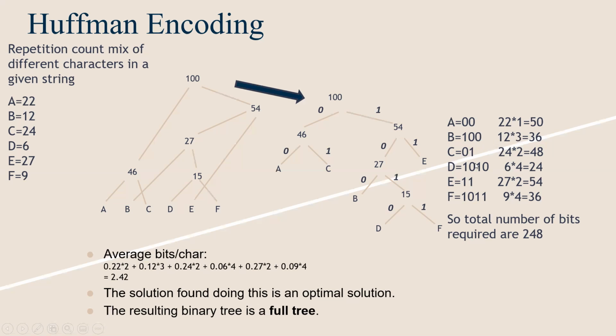So as you can see here, we have selected the least appeared code in the leaf child. Here in the starting D and F, which have 6 and 9. So we have selected the first two minimum values, the least two values. Why? Because their code will be the maximum length code. You can see here D's length is 4 bits, F's length is 4 bits. All other characters' code lengths are less than D and F. Why?